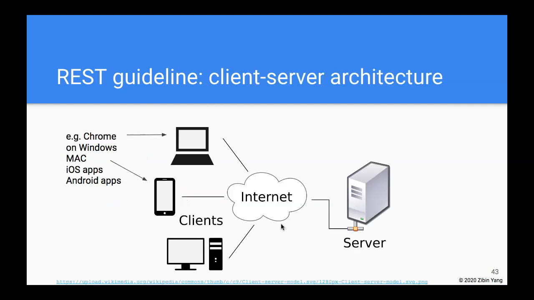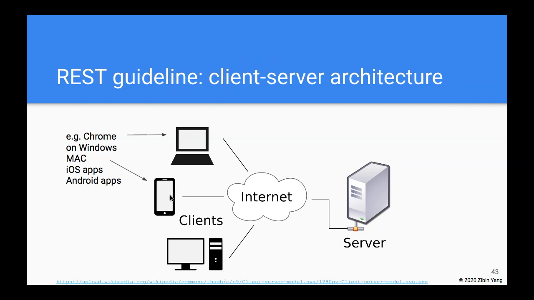So first, client-server architecture. The internet connects a ton of devices with lots of servers, or the cloud, right, that are sitting out there. So these clients, examples of them are our laptops running Chrome on Windows or Mac, or the apps that are running on our smartphones.